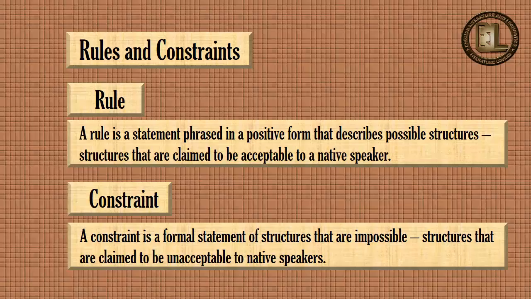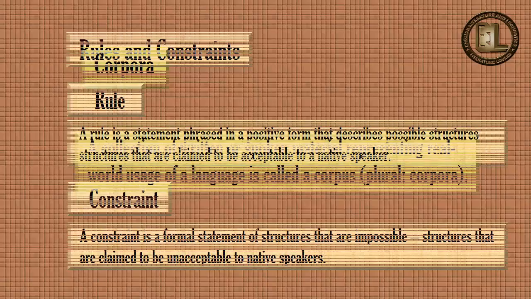And a constraint is a formal statement of structures that are impossible, or structures that are claimed to be unacceptable to the native speaker. As an example, you can consult the previous section of this video, linear order.